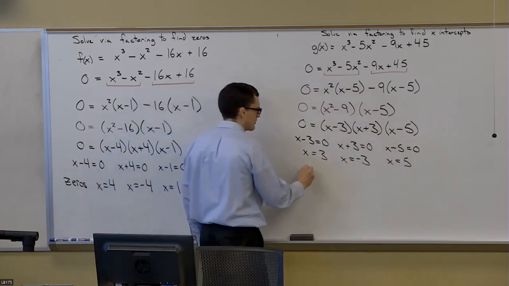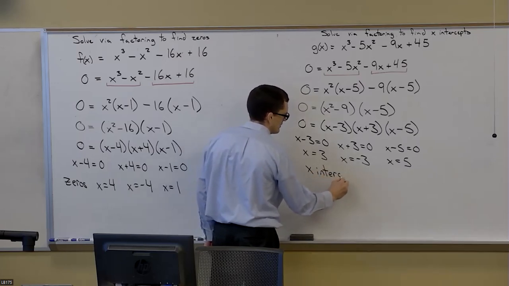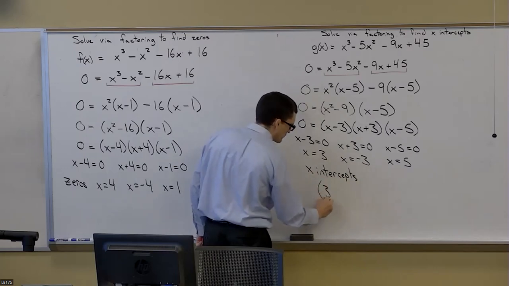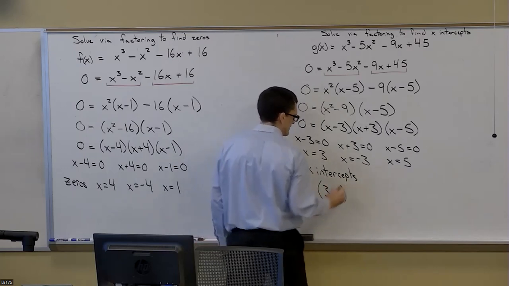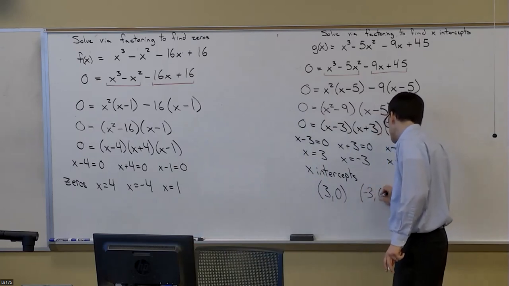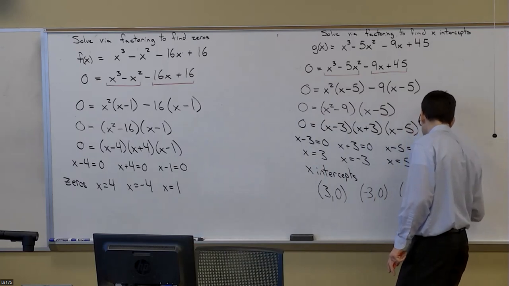And so if you're asked to find the x-intercepts, we have 3 of them. The x-intercept 3, 0, the x-intercept -3, 0, and the x-intercept 5, 0.